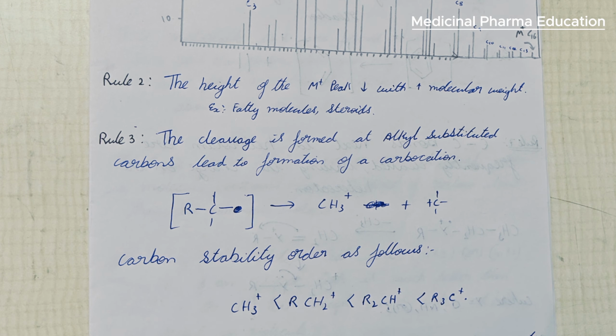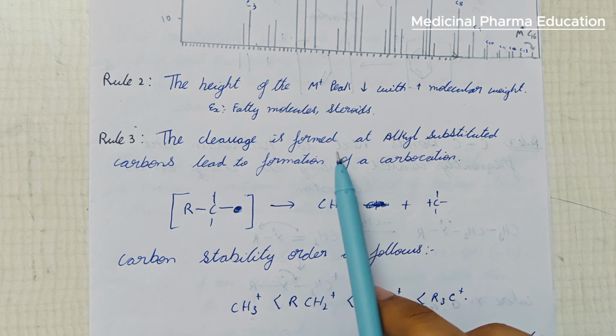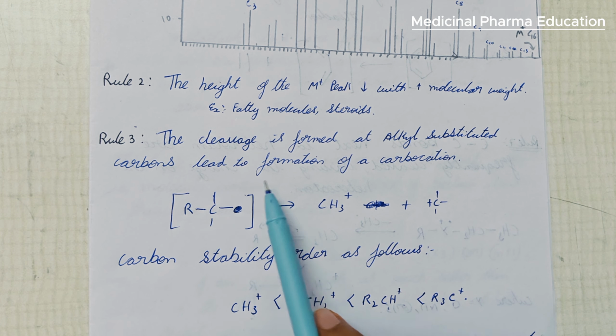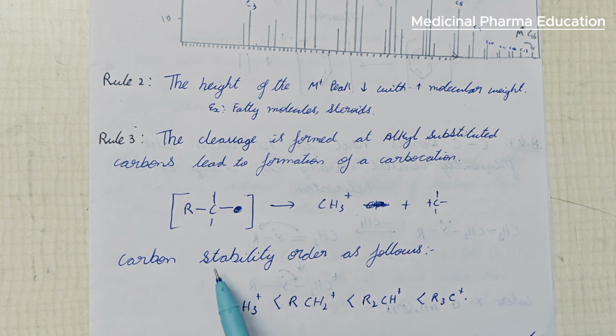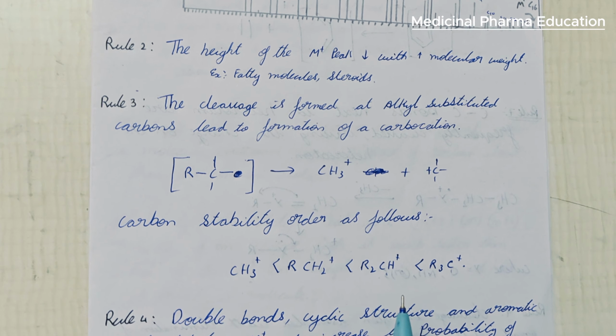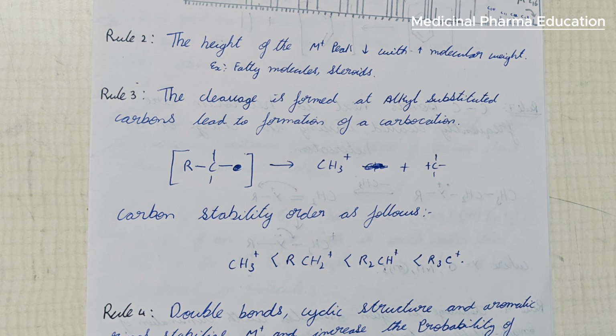It gives the stability. Here the cleavage forms a carbocation, and this is the stability order of the carbon. After fragmentation, we get these fragments, and this is the order.